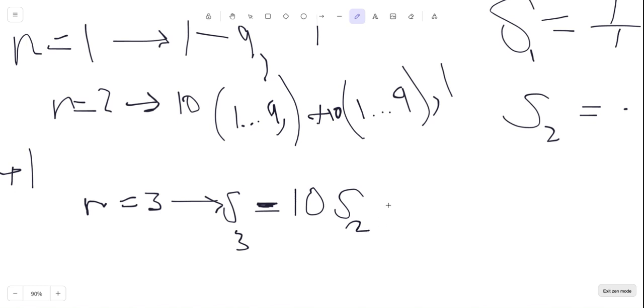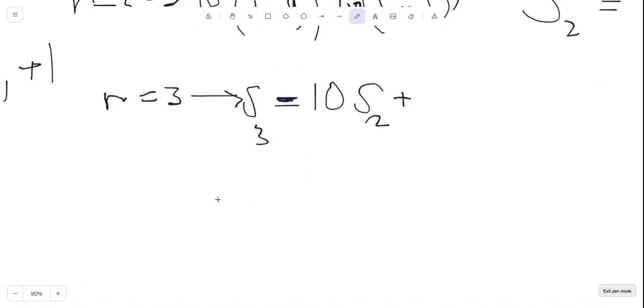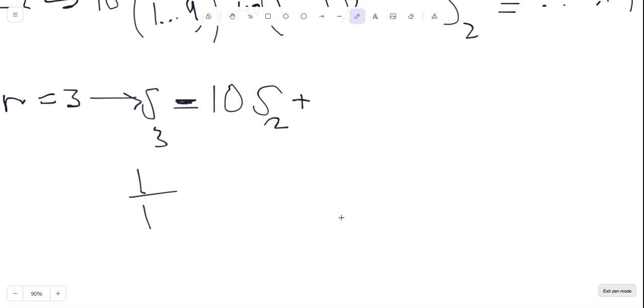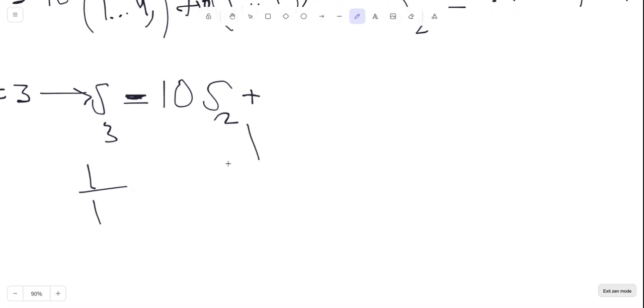And then in addition to that, we have a new digit, the hundreds digit. So we have 100 of 1/1 for the hundreds, and then for the 200s we have 100 of 1/2, and so on, just like before. So we would have 100 of the reciprocals from 1 to 9.